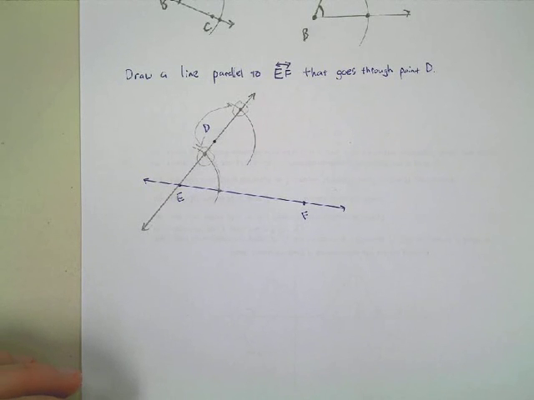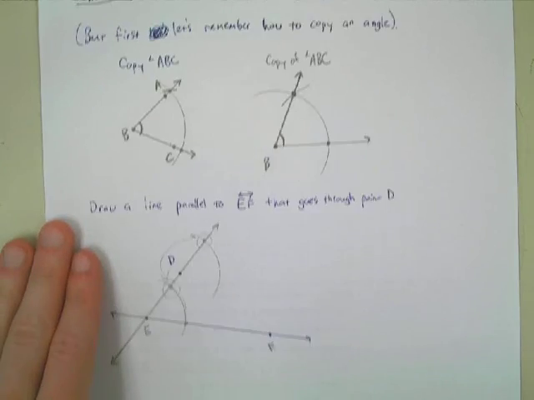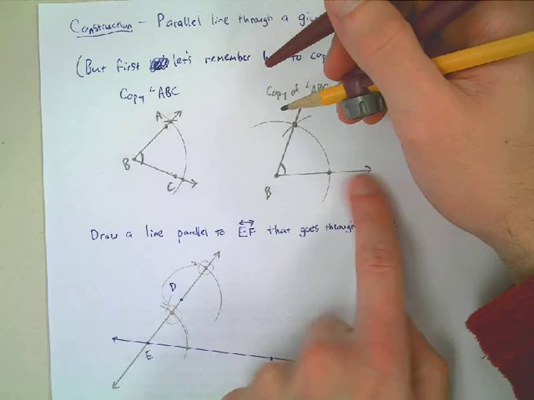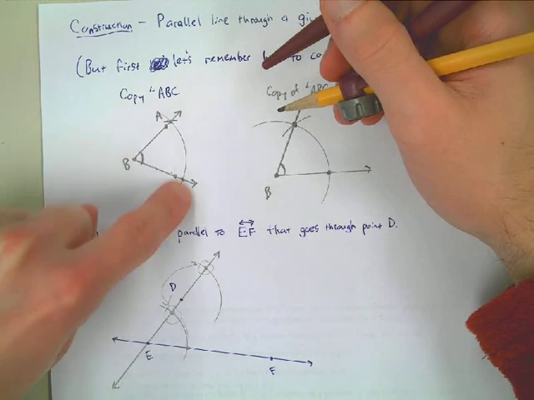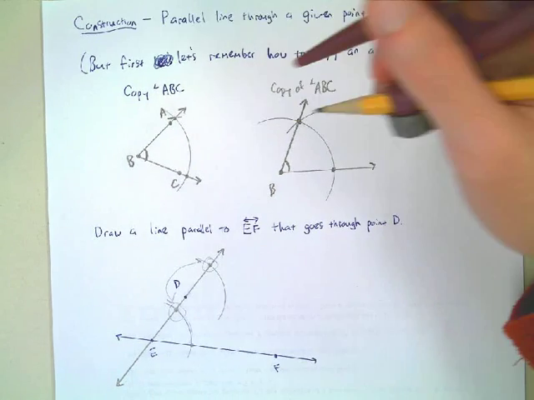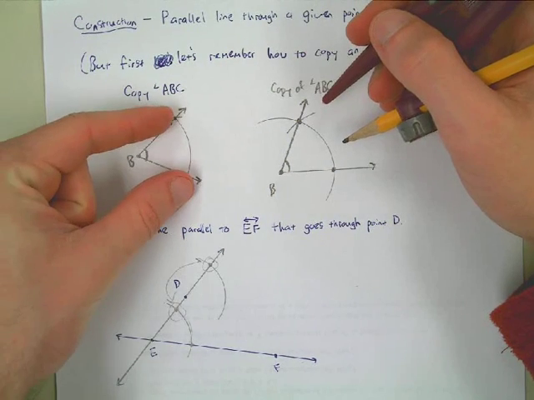Well, let's go back up to the way we copied here. When I copied this angle, I have my starting point. I did my big arc, and then I copied that big arc there, but put it on point B. And then I had to measure the distance between those 2 points. Well, we'll do the same thing here. Except now, since I'm going from this point to this point, I want to measure down.